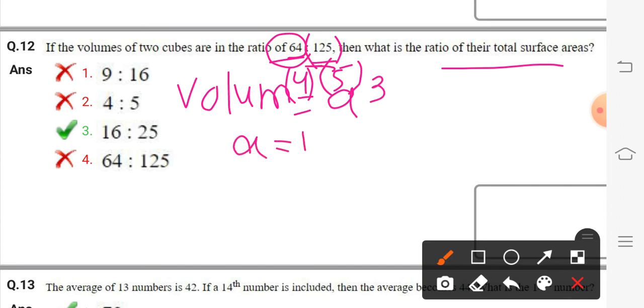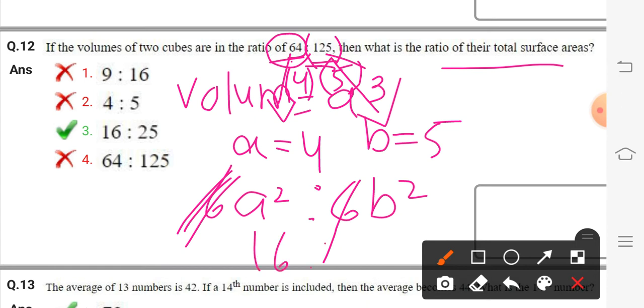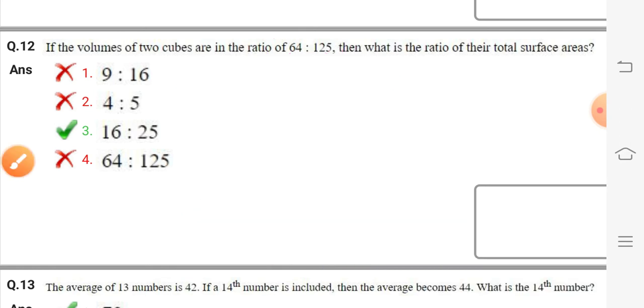So the A value is 4, the B value is 5. This means the first cube's side length is 4 centimeters, the second cube's side length is 5. Now the total surface area formula is 6A square is to 6B square. Ratio here, divide it, cancel it, and A square means 16 is to 5 square, which is 25. So the third option is correct.